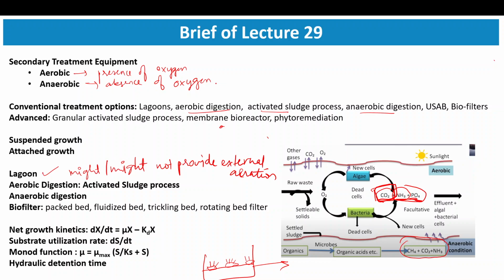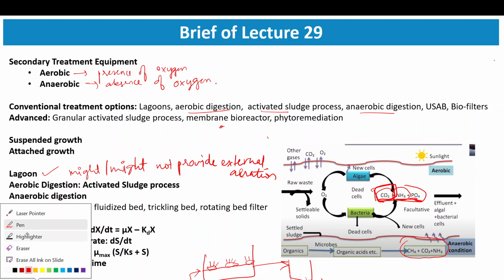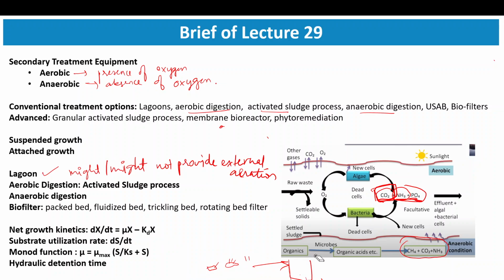They degrade the organics, and further they go to a sedimentation tank where the sludge in the form of microorganisms is partly disposed and partly recycled back. So it is a kind of complete process where treatment and recycling of microbes take place simultaneously.